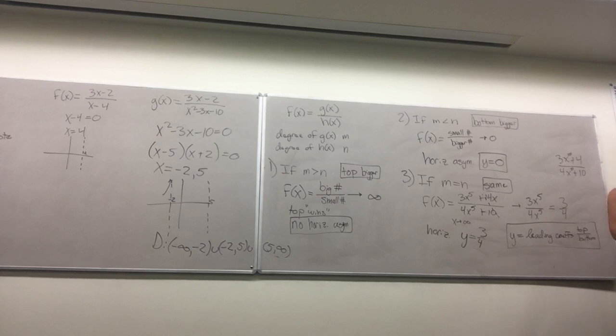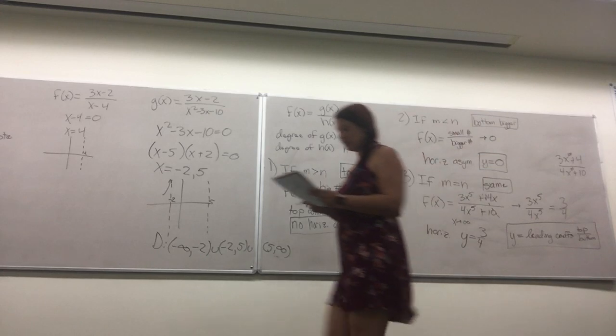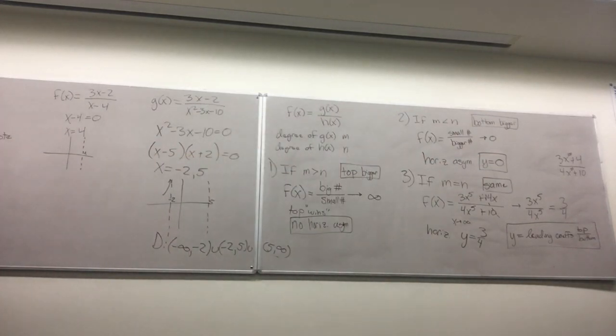Okay, let's do some examples where we have to find all of the asymptotes. We're going to do multiples. So, f of x is equal to x minus 3 over x squared minus 6x plus 8.